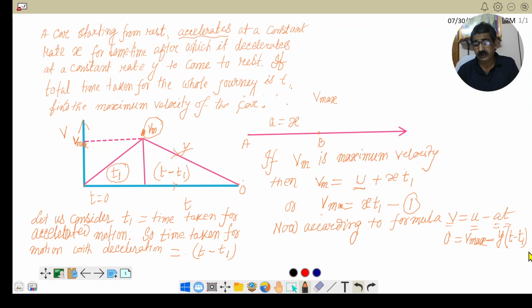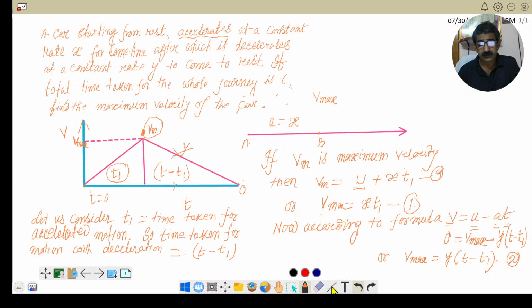From this equation, we can write Vmax is equal to y into t minus t1. So this is the first equation and this is the second equation.